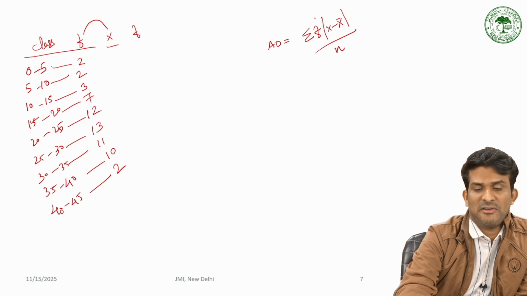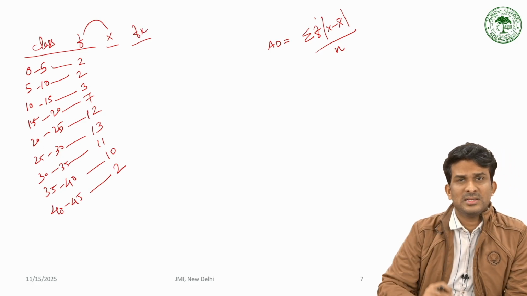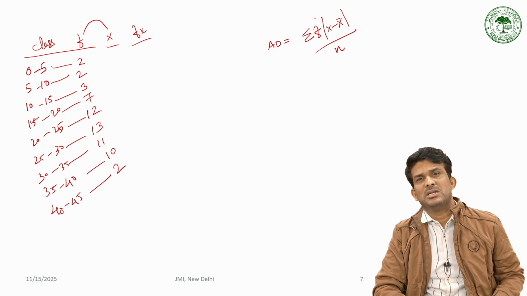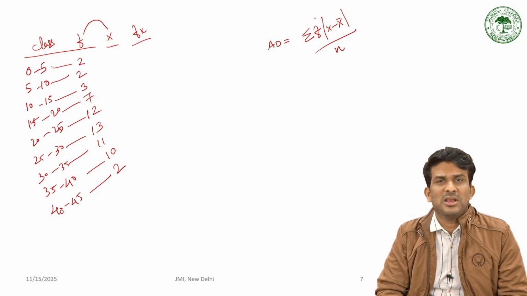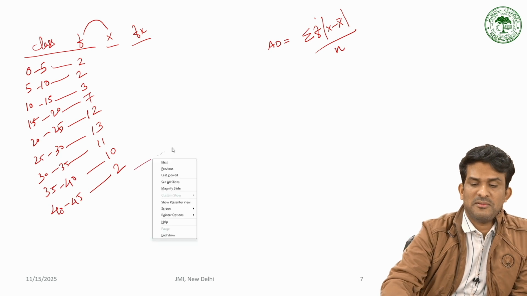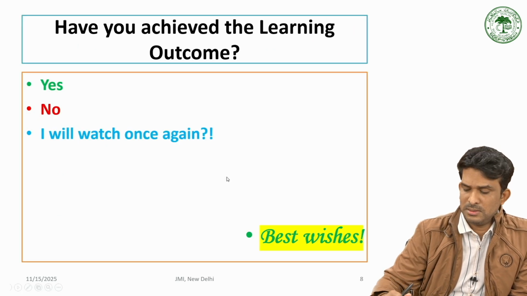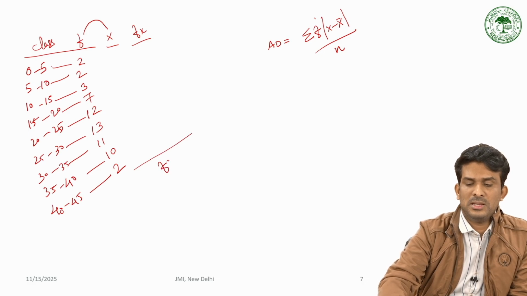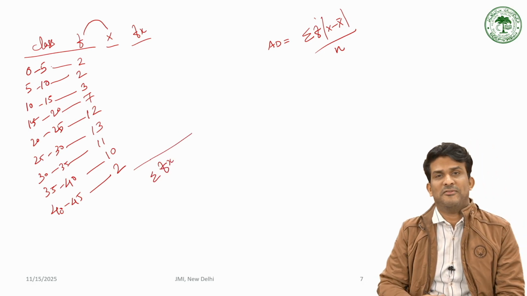That is fx. Am I correct? Correct me if I am wrong. You can use the discussion forum whenever you have any doubts, right? F into x, you will get a value that will be sigma of fx.